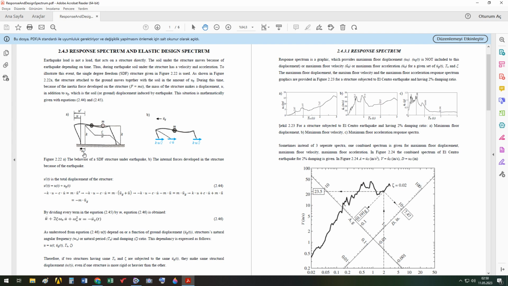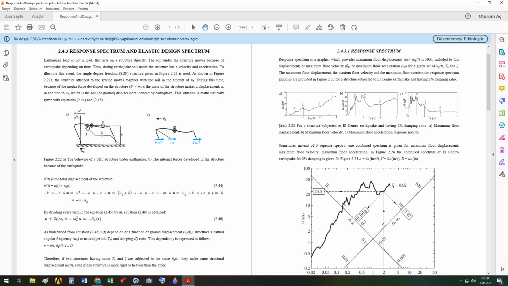If you derivate Ug with respect to time 2 times, you will obtain the acceleration induced by earthquake. So earthquake acceleration is this much, and in this direction, in this sense.